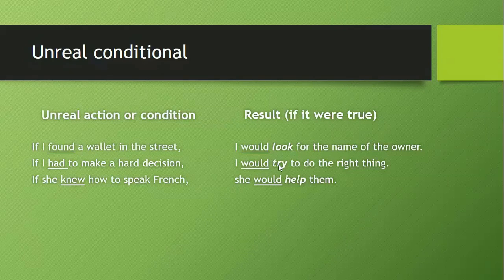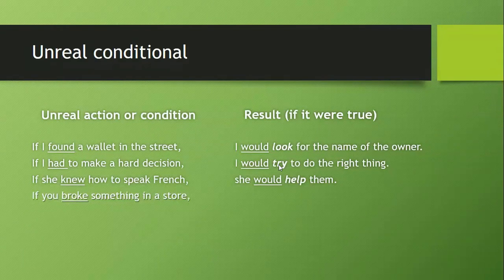Here we see the if, the noun she, knew, the past of know, the statement how to speak French, and then we have the result, but it is not true because she does not speak French. Then she would help them. Why would? Remember that would is the past of will. Then we're going to use would and the normal verb.